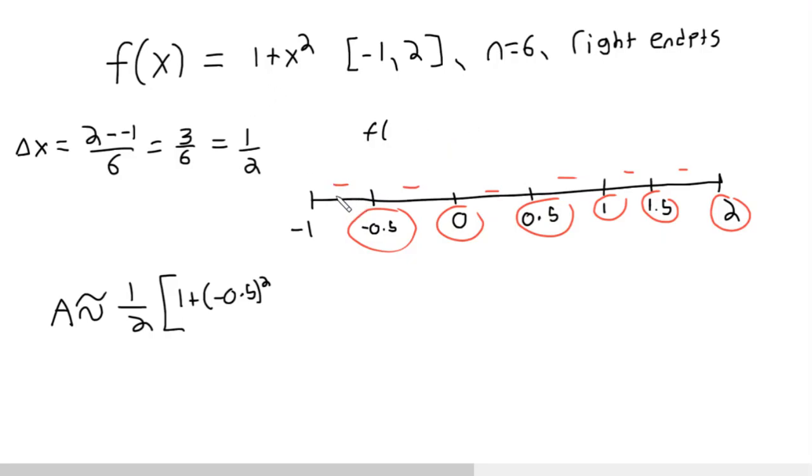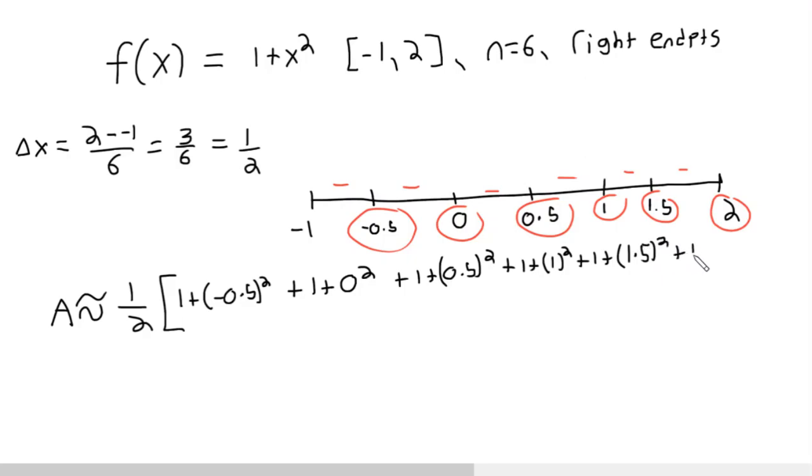So I'm just plugging negative 0.5 into 1 plus x squared. I'm plugging negative 0.5 in for x. So plus 1 plus 0 squared now, plus 1 plus 0.5 squared, plus 1 plus 1 squared, plus 1 plus 1.5 squared, plus 1 plus 2 squared.